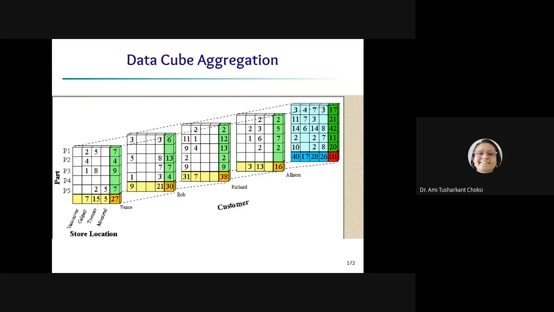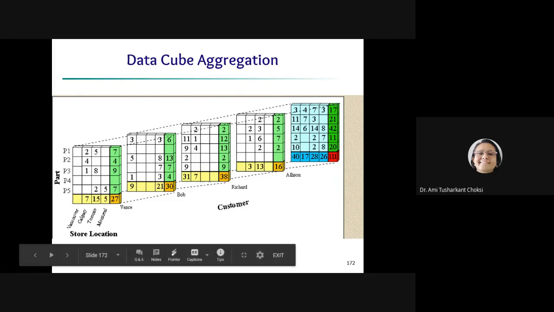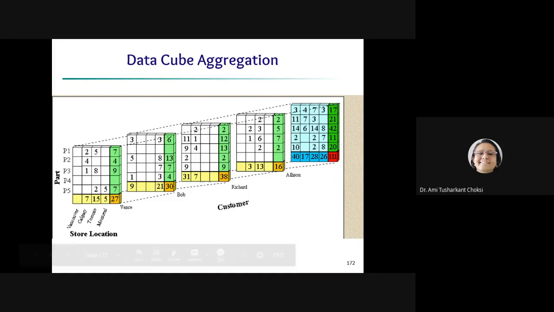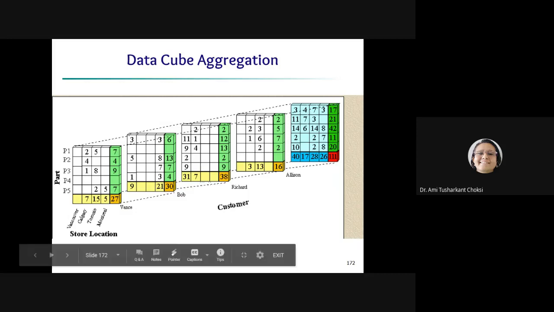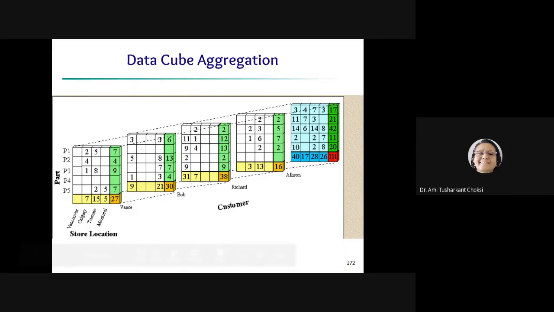As we know, for a data cube we should have three or more dimensions, right? Here, customer is there, location is there, and part is there, right? So at least three dimensions are there, and this is a data cube.